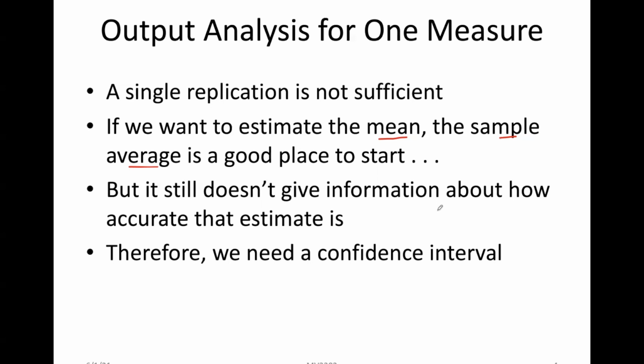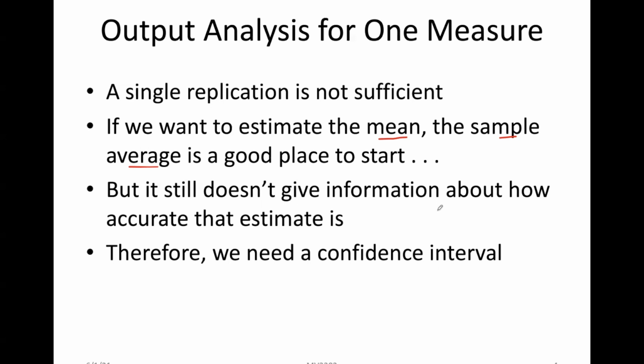What's the problem with that? The problem is that it still doesn't give us information about how accurate that estimate is. Let's think of our coin flip. I flip it a number of times and I come up with an estimate of, let's say, 0.4.